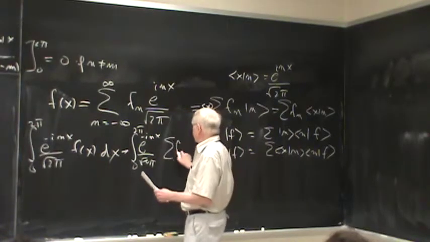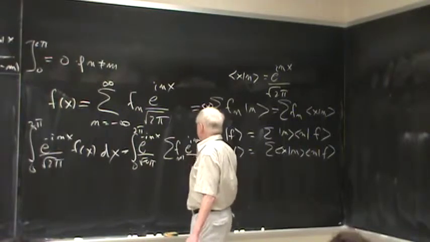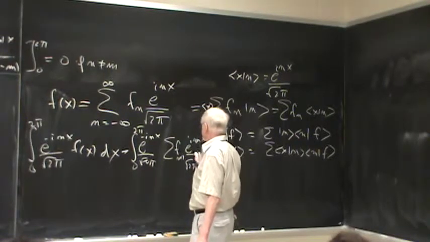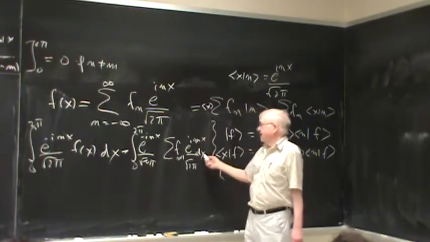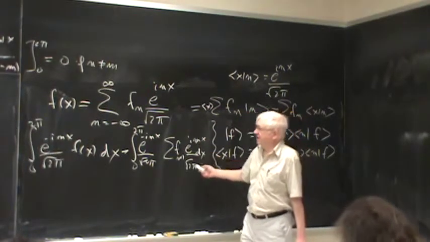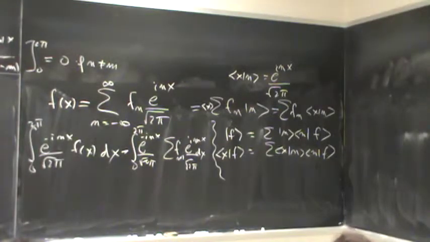And then we have a sum, let us say f_m e to the i m x over square root of 2 pi, dx. And now we use the orthonormality of the basis functions, namely that they're orthonormal on this interval.